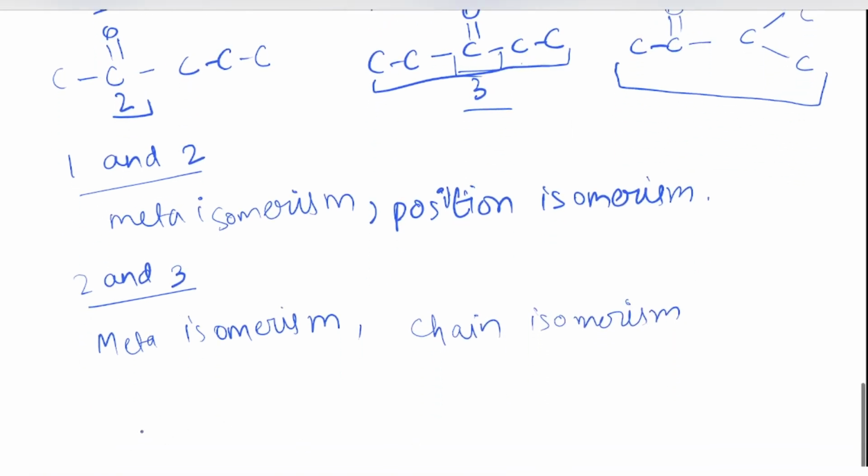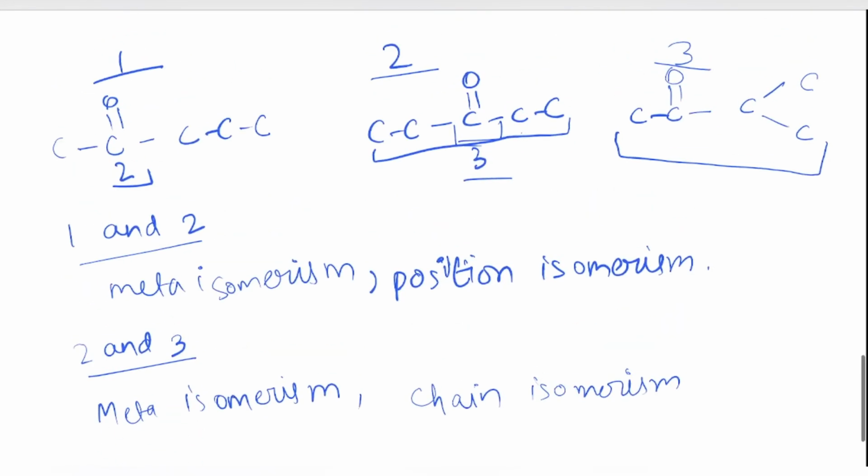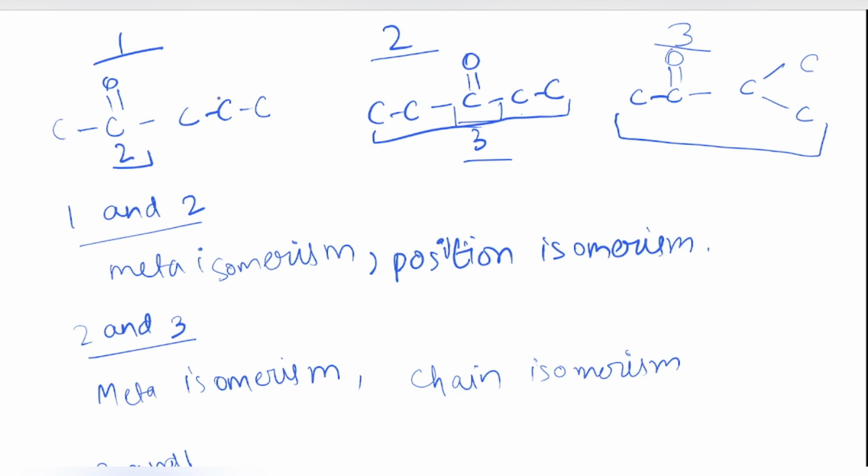Now let's talk about 3 and 1. If we talk about 3 and 1, then the number of carbon atoms on either side of the functional group stays the same. It's 1 and 3 in both 1 and 3. But the main difference is that the main parent chain is changing.